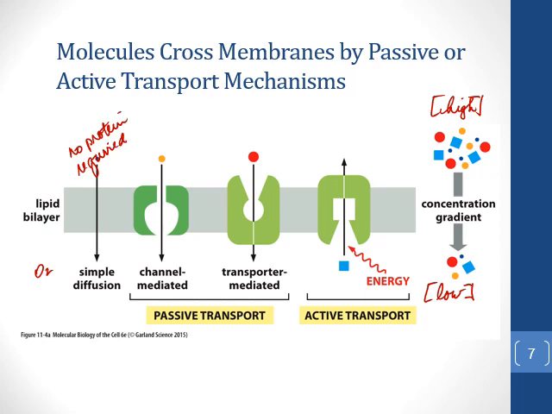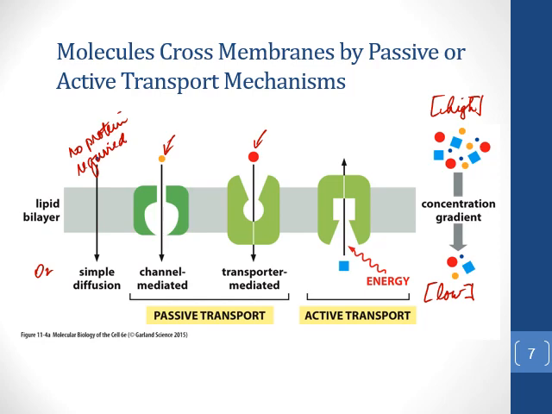So if we had a protein that could get it across the membrane, we could do it without a source of energy. So both the red ball here and the yellow ball are moving down their concentration gradient, but they need a protein to get them across the membrane. So that's going to be an example of passive transport.